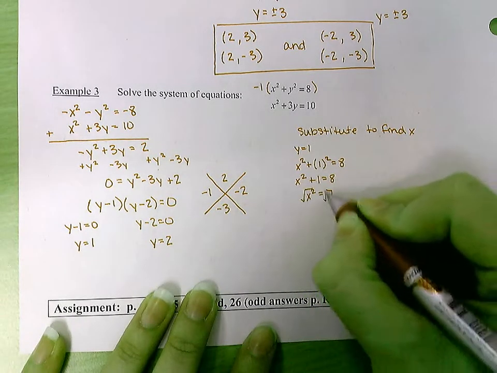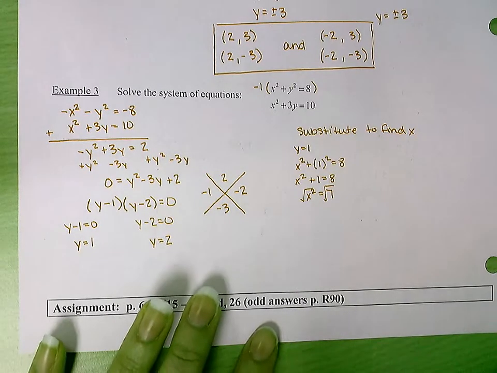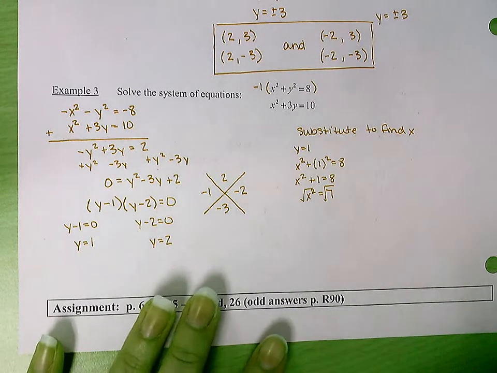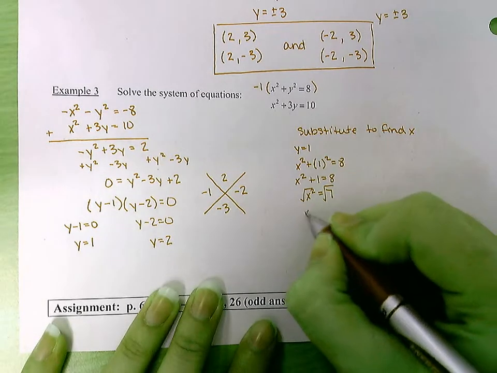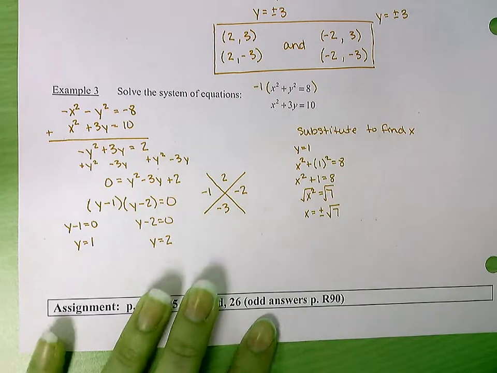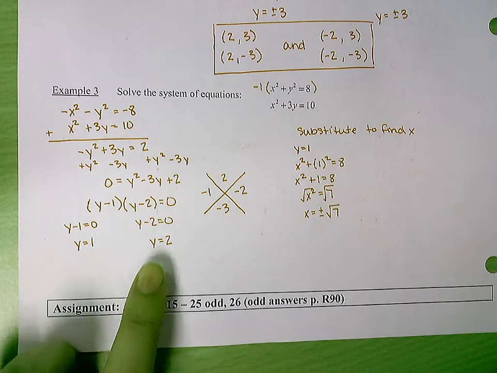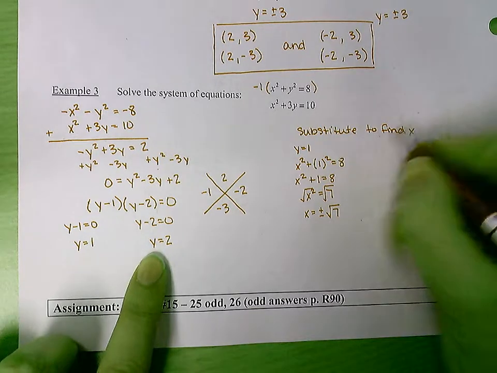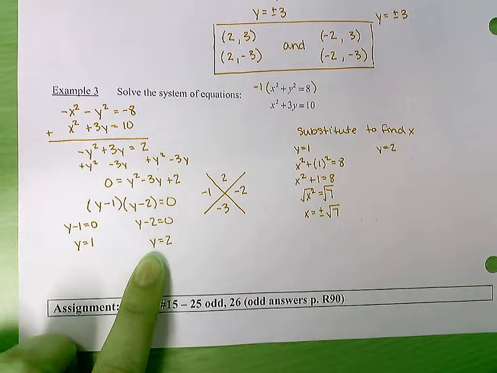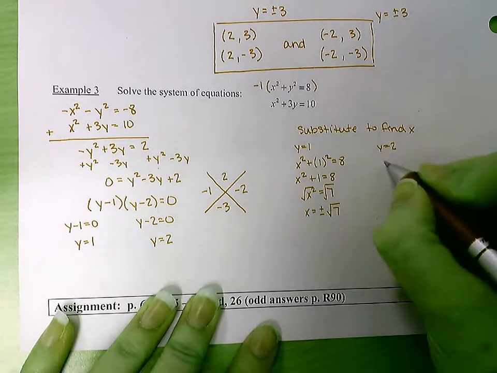We want to take the square root of both sides. Now I'm just going to leave it in that root form. You don't need to plug it into your calculator and get a decimal. We can just say x is equal to plus or minus the square root of 7. Okay, we have one more value for y here. So when y is equal to 2, again we're substituting 2 in for y into that equation.